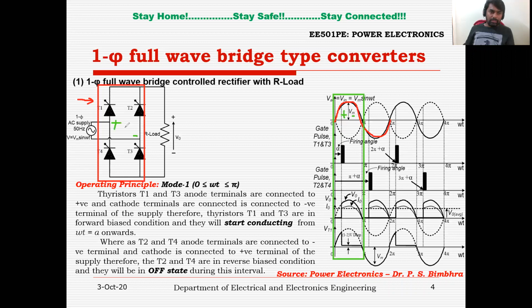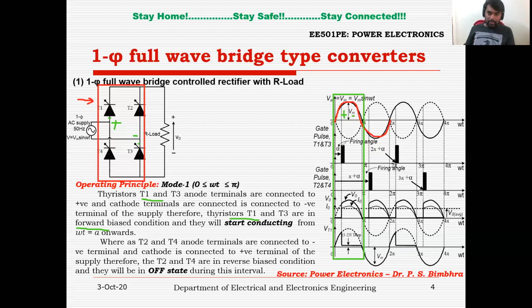T1 will be in forward bias condition because its anode is connected to positive, and T3 is also in forward bias condition because its cathode is connected to negative. So T1 and T3 are in forward bias condition during this entire positive half cycle. I can trigger T1 at any instant from omega t equal to 0 to omega t equal to pi.